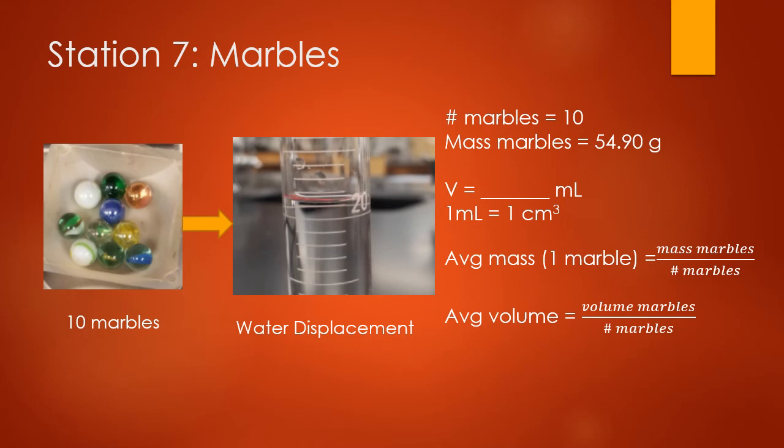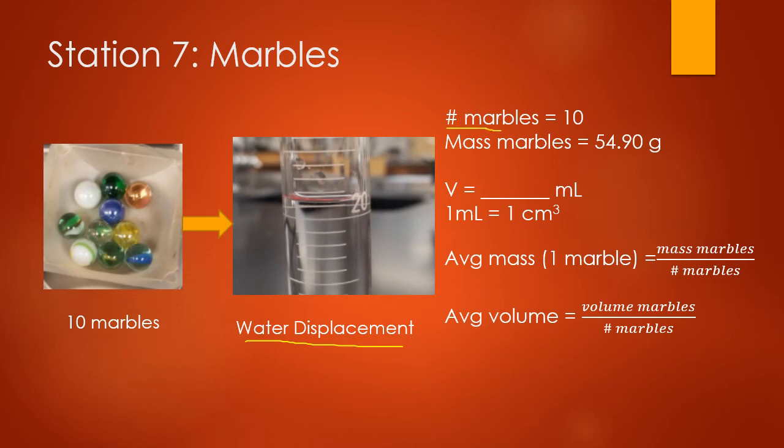I took 10 marbles, took the mass of them, placed them in the overflow can, and what came out was the amount of water shown in the picture to the right. Once again, you're going to use this picture to figure out the volume. First, let's start by looking at how many marbles were used.